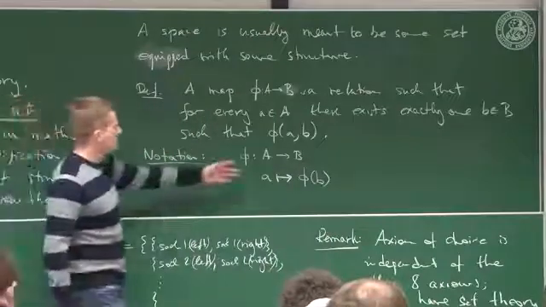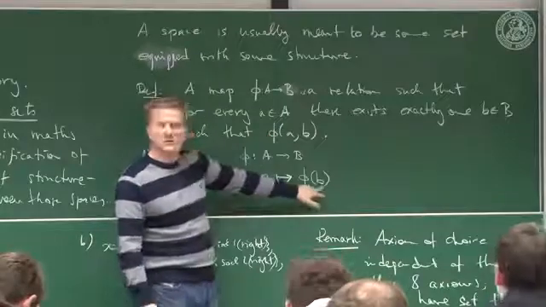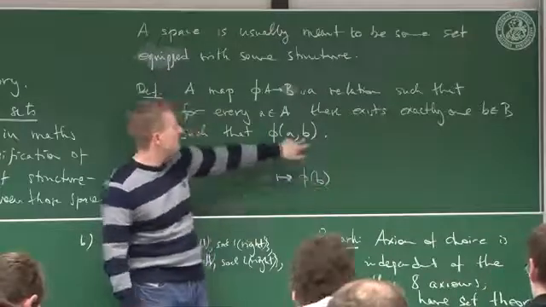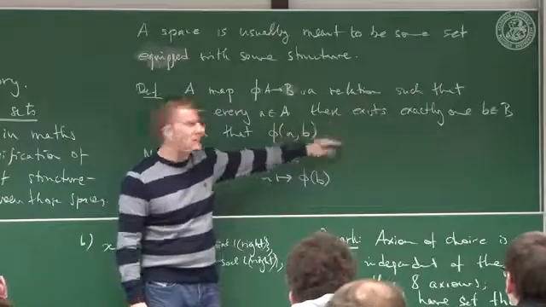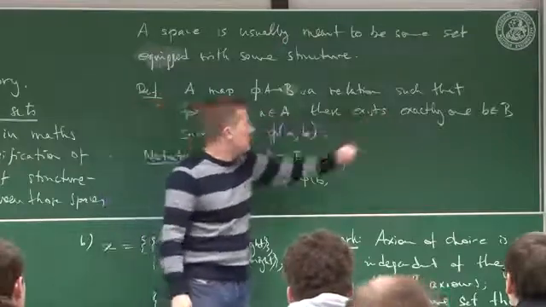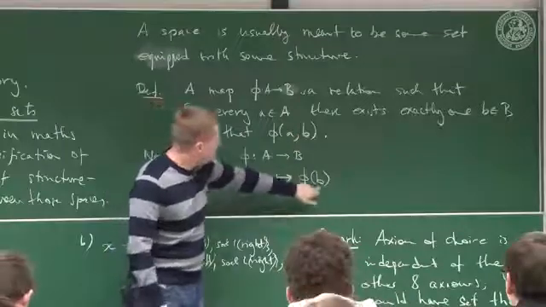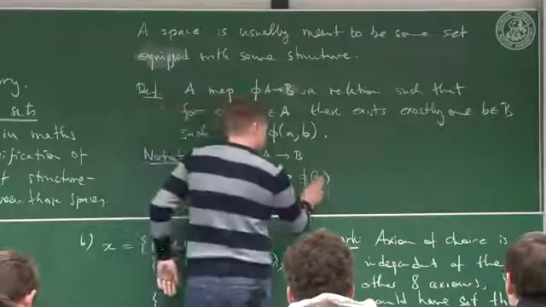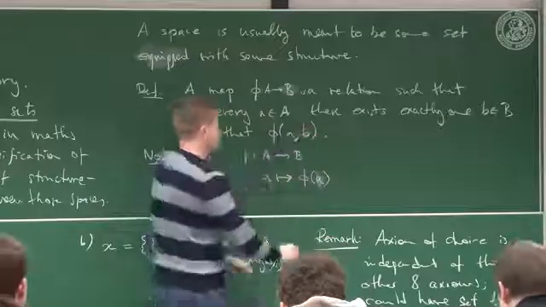And you see, if you say phi is a relation, then this is an abuse of notation, because the relation needs to eat two objects and produce a truth value. But once we agreed that for every a in A there exists exactly one b in B, such that phi of a, b, then phi of a is precisely this b.